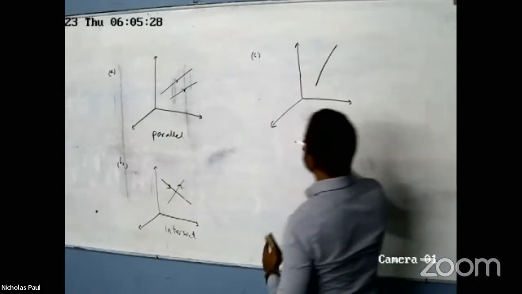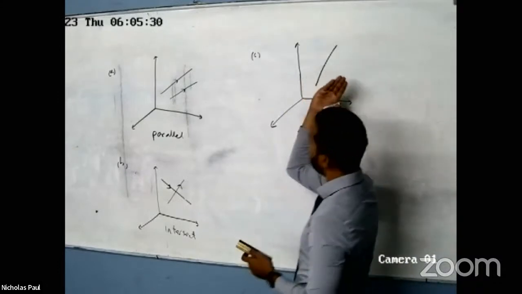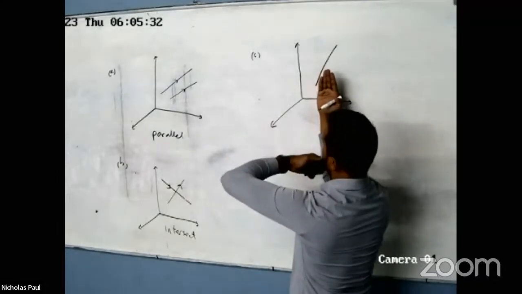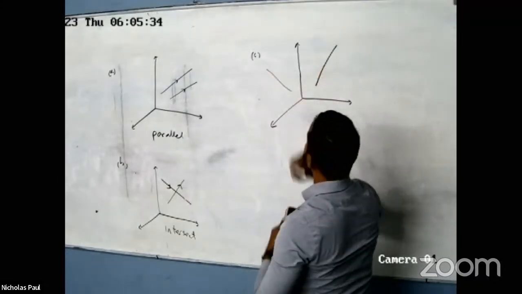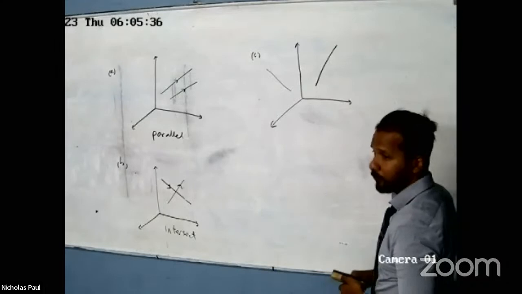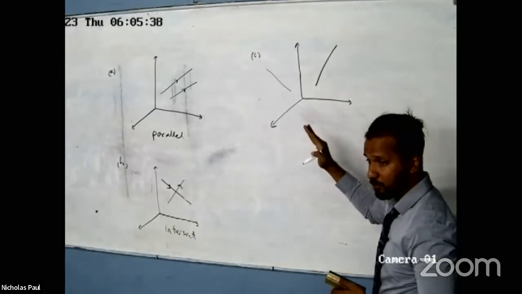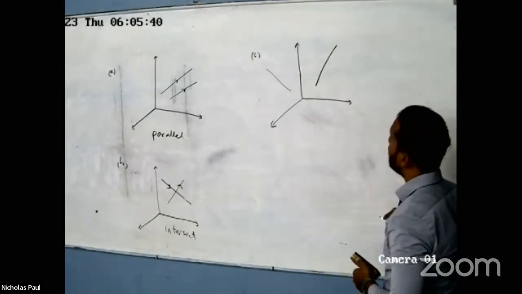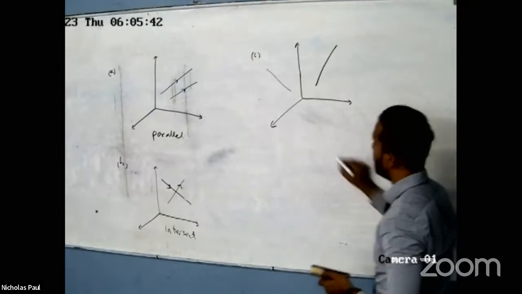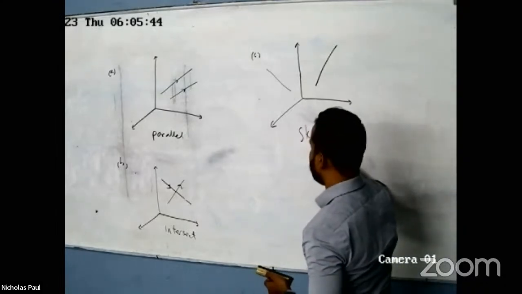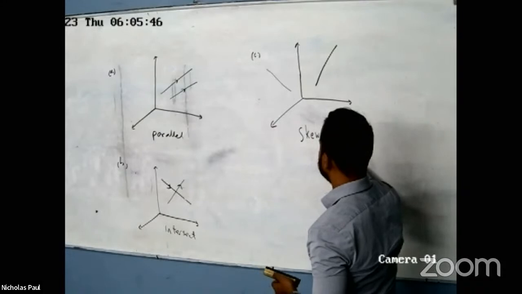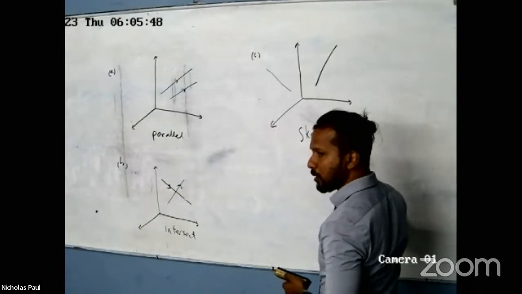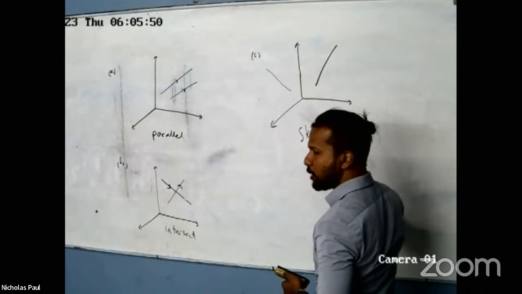Remember it's 3-dimensional. So this one acting on that plane, and I have a next one acting on this plane, those two lines will never meet. And they are not parallel either.